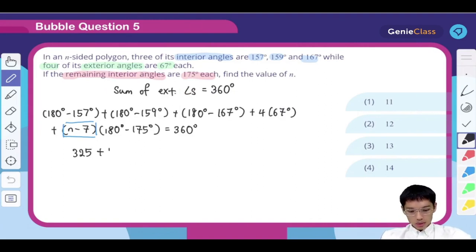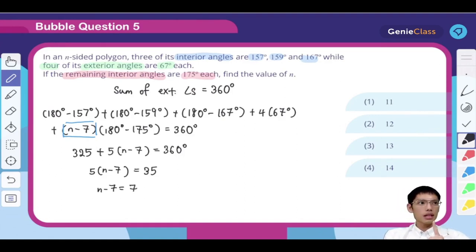Over here is your linear equation, 5n minus 7. This equals 360. And from there, you solve 5n minus 7 equals, in this case, 35. n minus 7 is then equal to 7. Okay, so calculation error over there, Irvin, just take note. And for the rest who got it wrong as well, just take note. n is equal to 14.